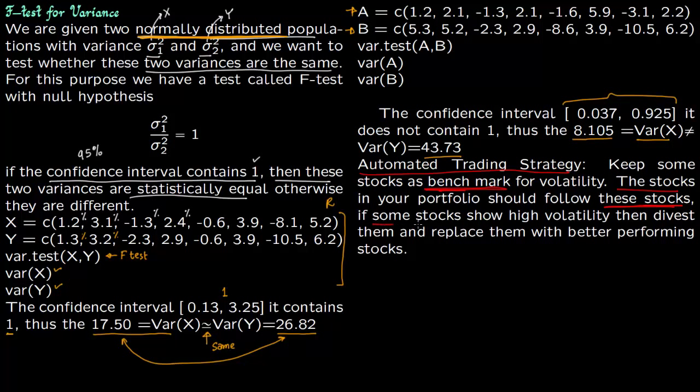If some stock shows very high volatility compared to your benchmark, say A is your benchmark and B is the stock in your portfolio, and B shows high volatility compared to A, then you divest B and replace it with some other stock C which shows similar variance compared to A. You run the variance test and see if the confidence interval contains 1. If it contains 1, you keep the stock, otherwise you throw it out.